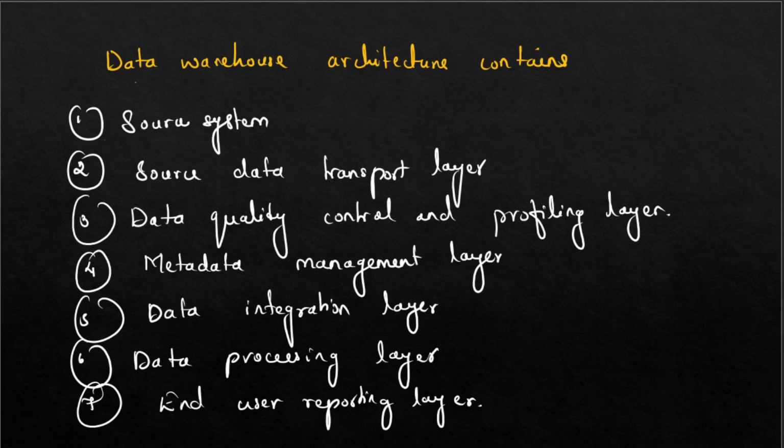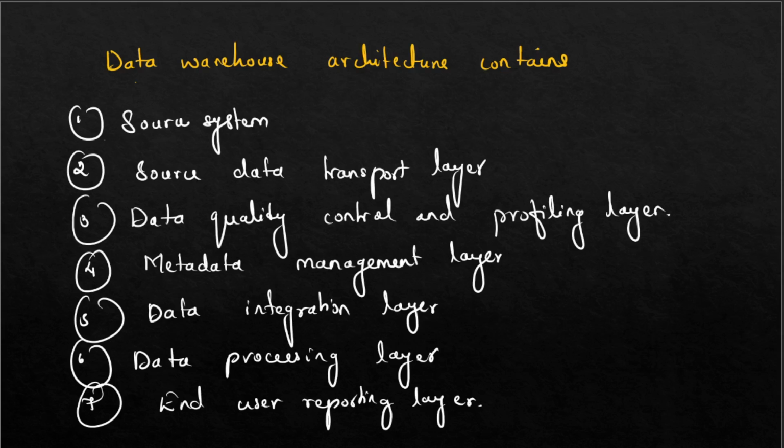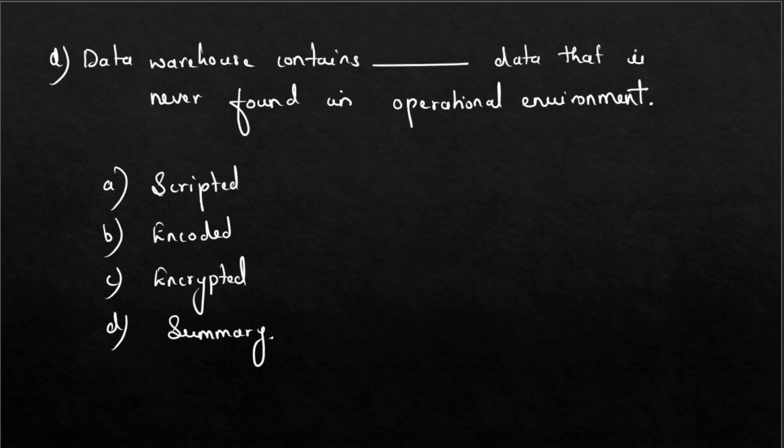So what do you find is the correct one out of all these options? As I said, a data warehouse contains summary data that is not found in the operational environment.